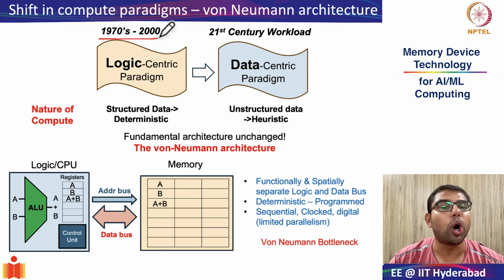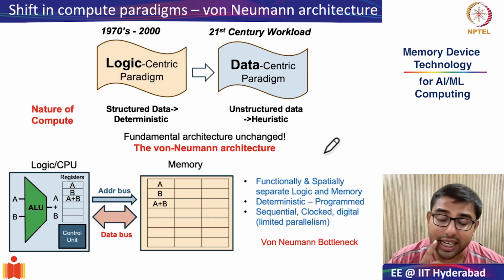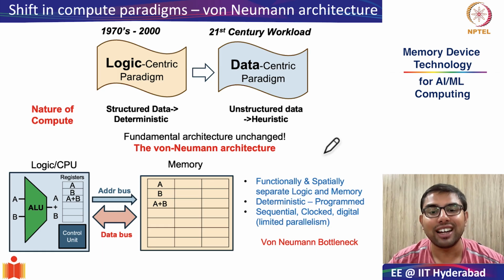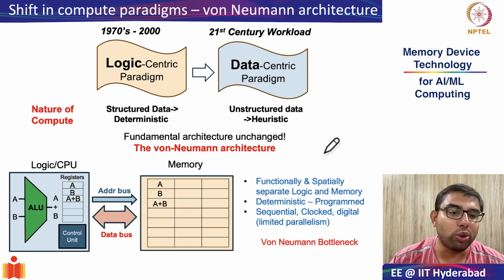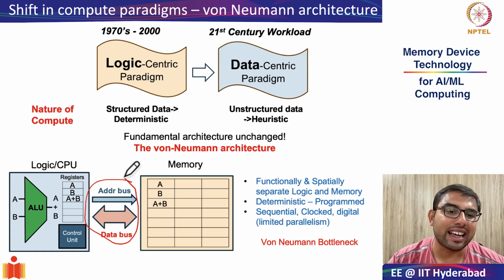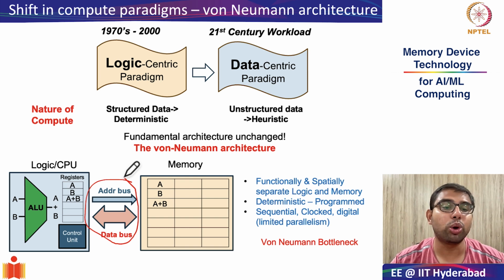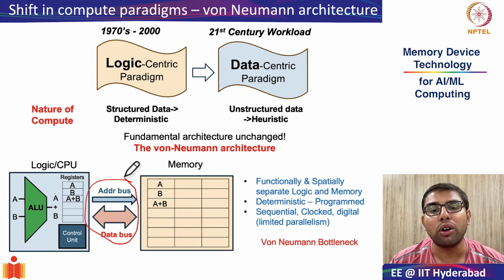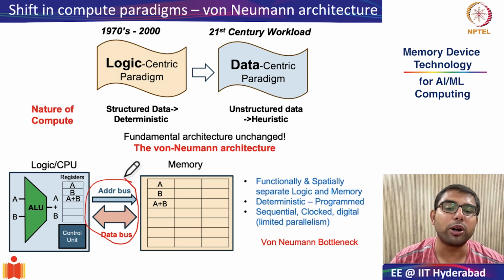That gave us the opportunity to look at the von Neumann architecture, with its unique, both spatially and functionally separate logic and memory units, which are connected by the data bus. This kind of von Neumann system is deterministic in nature. Basically, it is programmed and also sequential, it is clocked. And therefore, because of its sequential nature, there is very limited parallelism.